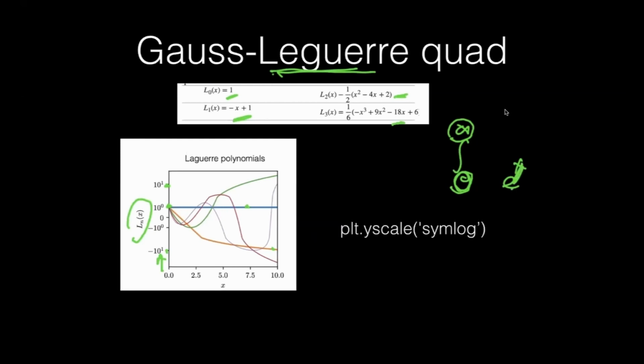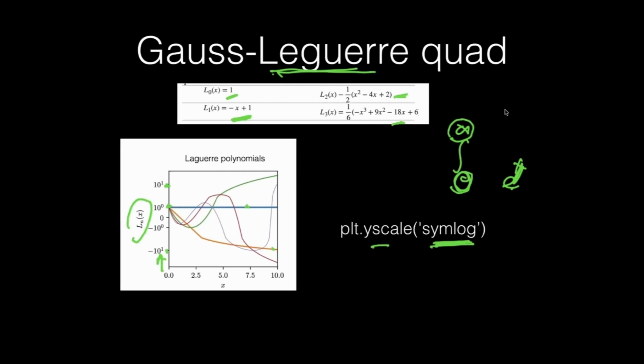Okay. So in plotting a log scale, there's one problem. I also have negative numbers. Here you can see that for large x, this number is negative, and the log of a negative number is a problem, right? I mean, it's not defined. So for that case, we use this Python command, which says y scale is symlog, symmetric log.